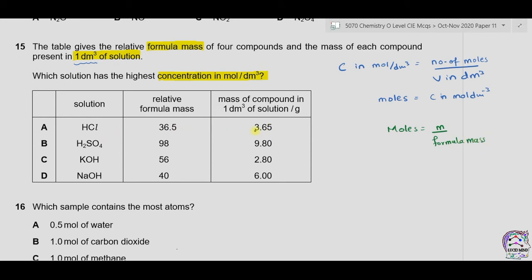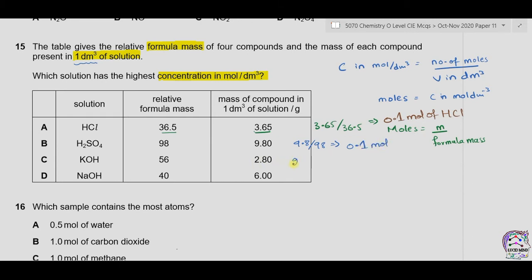So for A, the mass is 3.65 and the formula mass is 36.5, so we divide to get moles. It comes equal to 0.1 mole of HCl. Similarly, for the second, we divide 9.8 by 98, so the number of moles is again 0.1 moles.